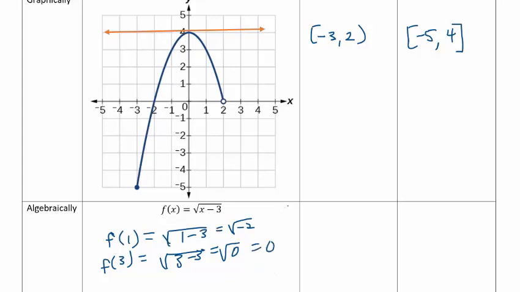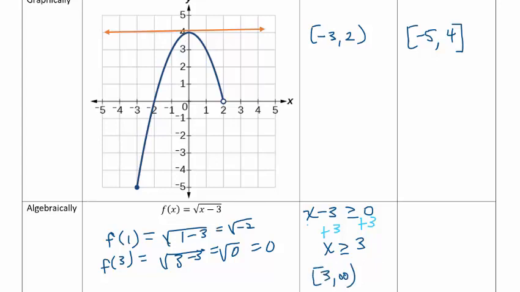So 3 is a number that's in the domain. But to find those values, because there are still an infinite number of values, just set the radicand x - 3 to be greater than or equal to 0 and solve this inequality. And we find that x is greater than or equal to 3. In interval notation, that would be [3, ∞), with a bracket at 3.